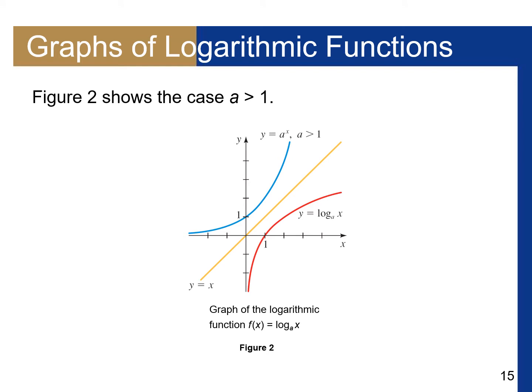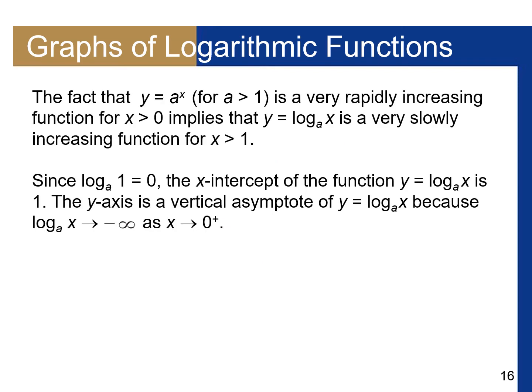Here we go. Here's our exponential function that we looked at before. Notice that it goes through 1 on the y-axis. So the logarithm, which is its inverse, is going to go through 1 on the x-axis. Okay, so again, the fact that y equals a to the x for a greater than 1 is very rapidly increasing implies that y equals log base a of x is very slowly increasing for x greater than 1.